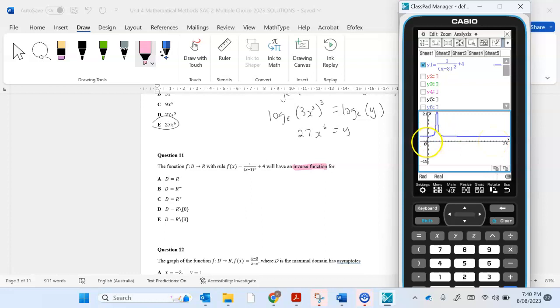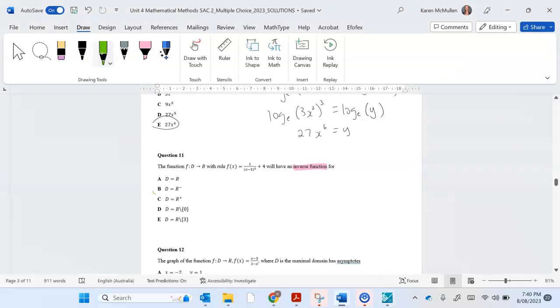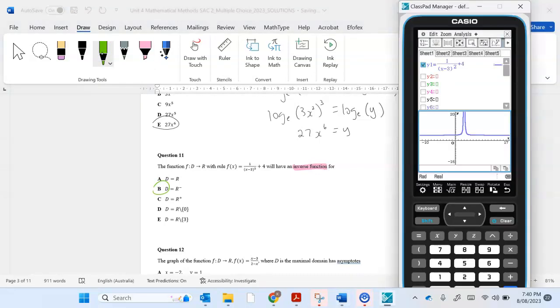R negative, so we want all negative real numbers, and if I just drag this over a little bit, you can see all those values that are negative x are not 1 to 1. Sorry, they are, what am I talking about? They are 1 to 1. So we can only have R negative.